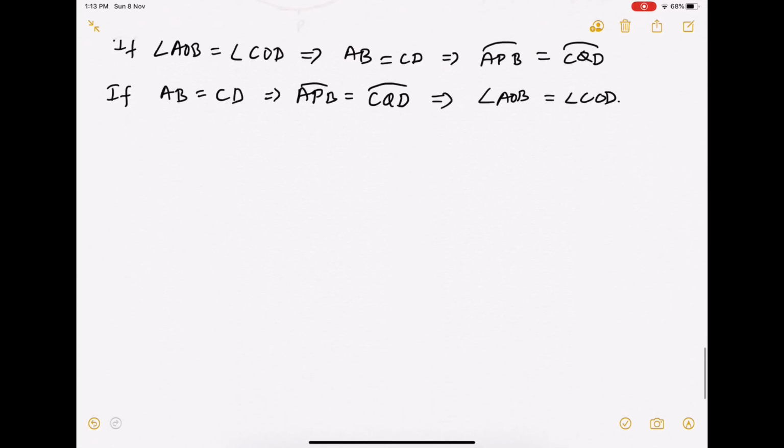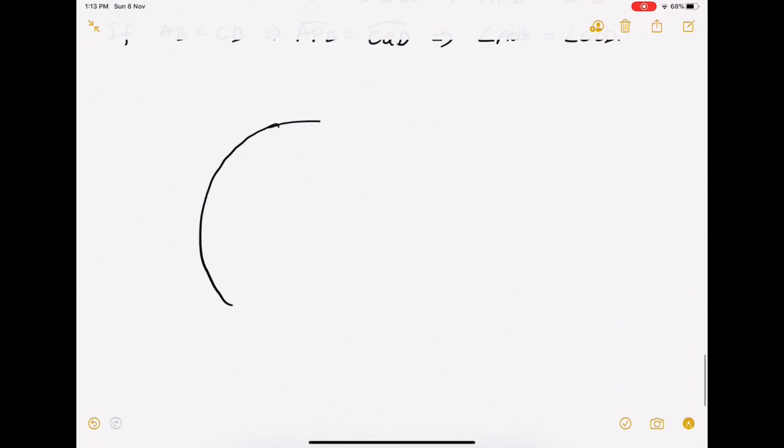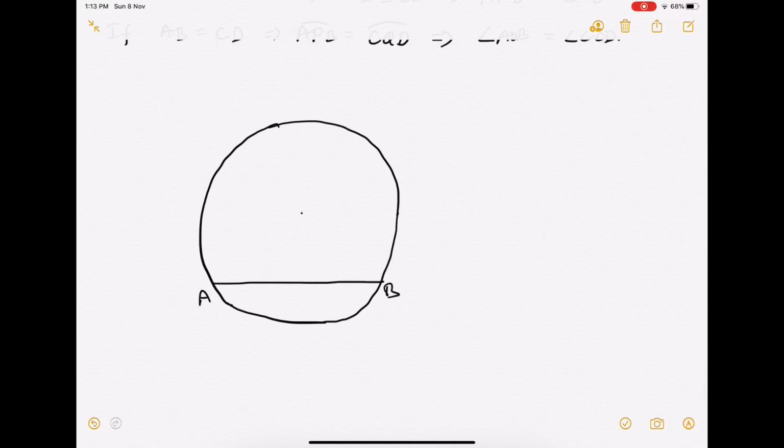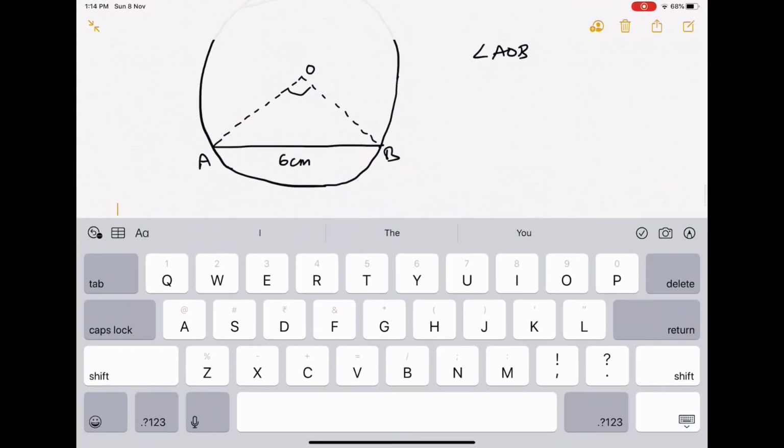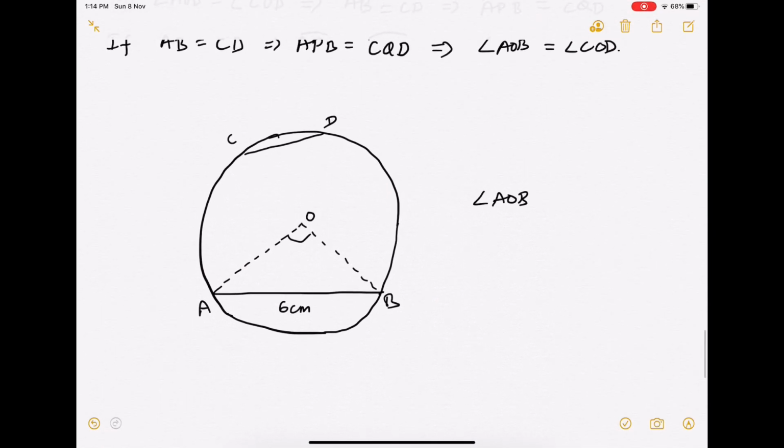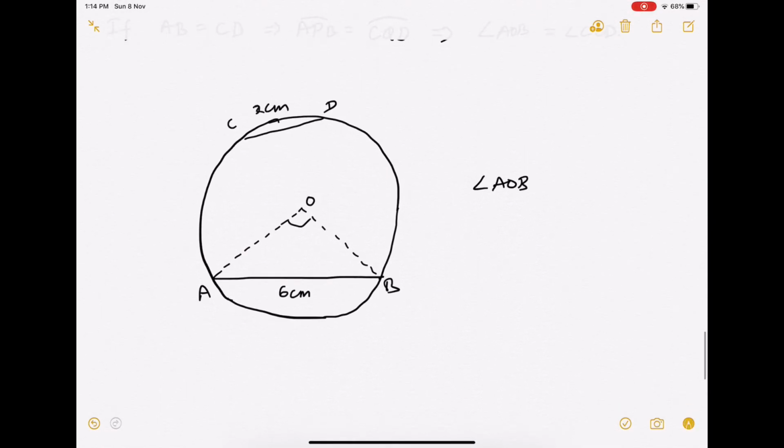So for example, if I have in a circle a chord AB of length, let's say, 6 centimeter, and it is subtending some angle at the center O, angle AOB, and there is another chord CD which is, let's say, of length 3 centimeter, and it is subtending an angle COD at the center.